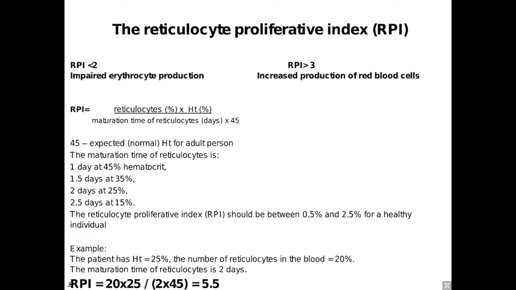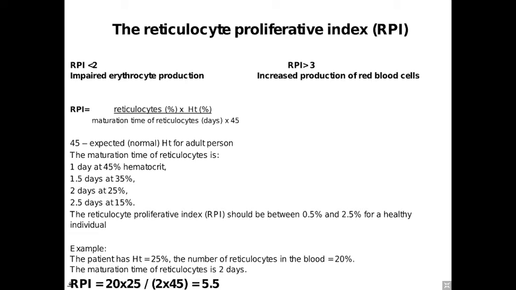Normally, 1 day is needed for the reticulocyte to get mature, to turn into a mature red blood cell, a mature erythrocyte. But considering anemic process, this time can be pathologically prolonged.